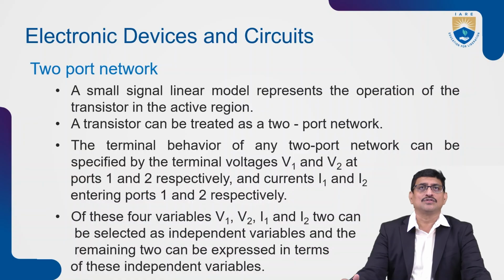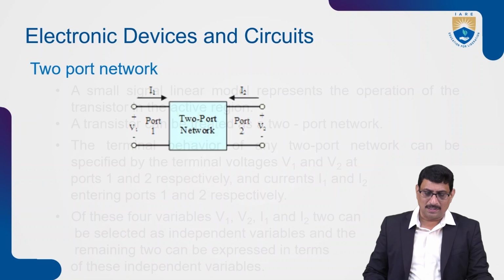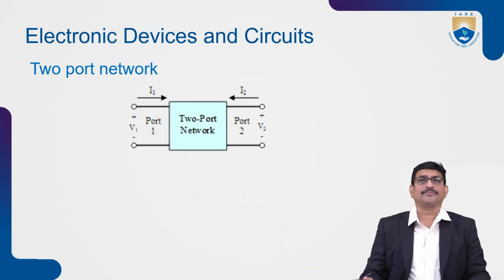Assume a two-port network with two input terminals and two output terminals, where the input and output voltages are V1 and V2 and the input and output currents are I1 and I2 respectively.